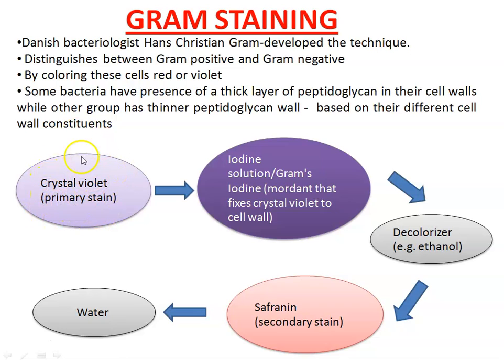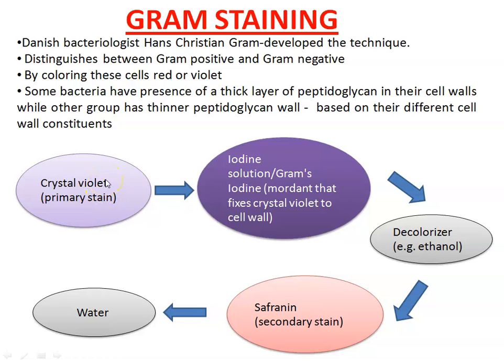Here we have a primary stain. Stain means color, or dye, or whatever you call it. So you are going to use a crystal violet color. Naturally the color of this stain is violet. Once you have taken a cell, you put a drop of crystal violet on it.